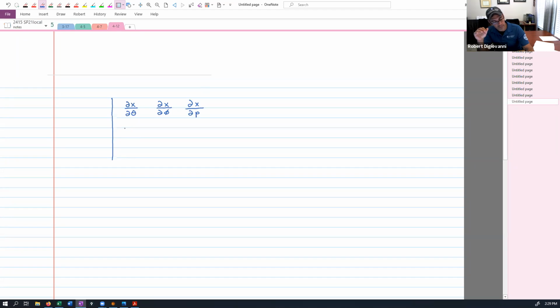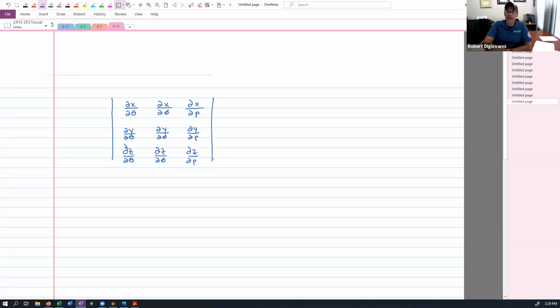Then Y also gets changed over to something with theta, something with phi, and something with rho. And then Z gets changed over to something with theta, something with phi, and something with rho. And now I need the determinant of that.